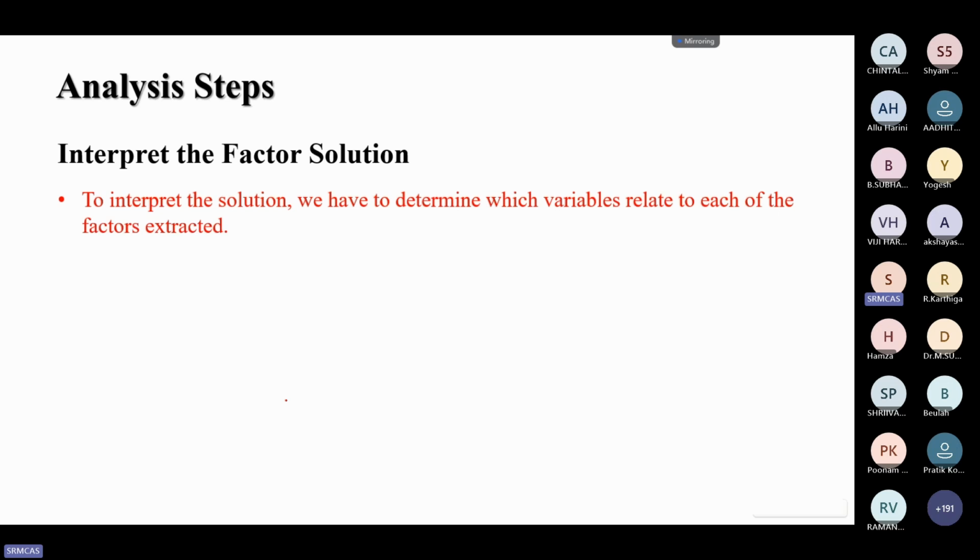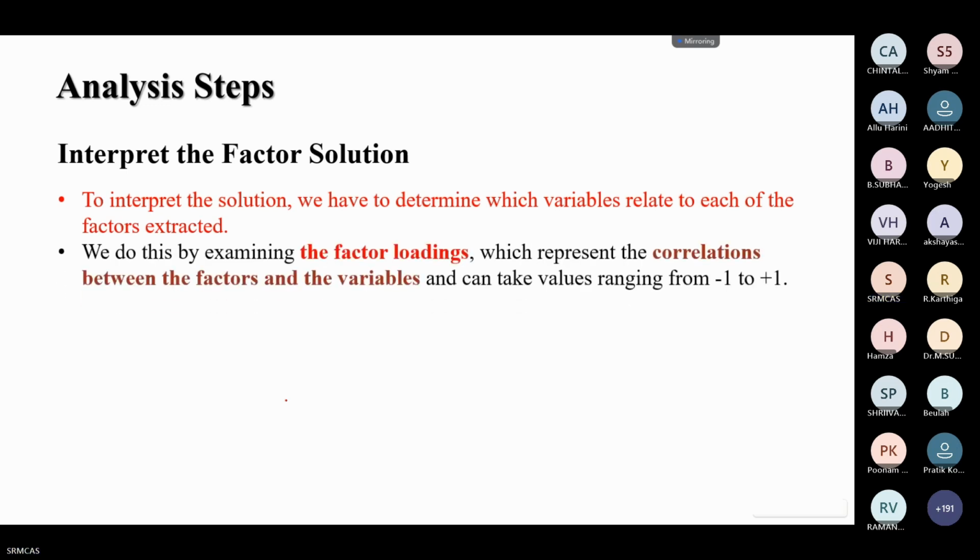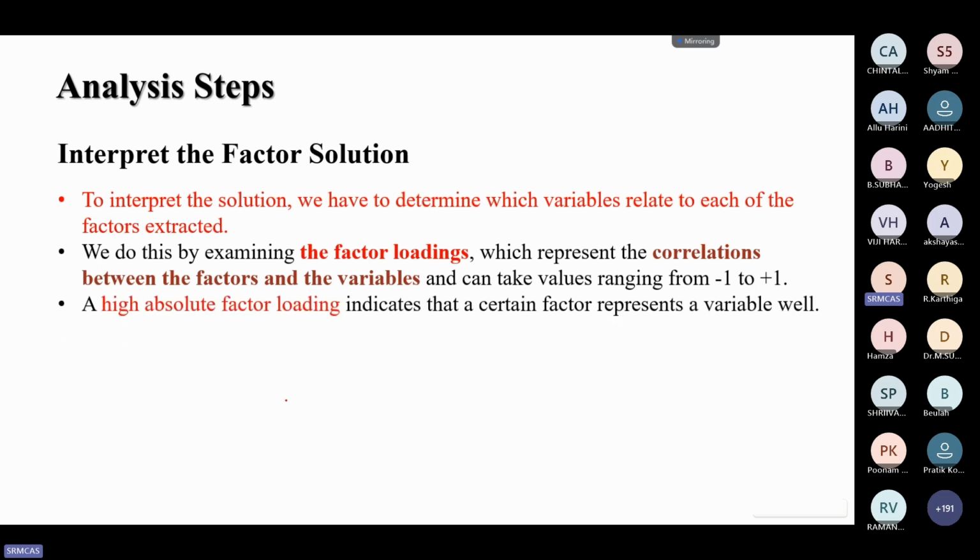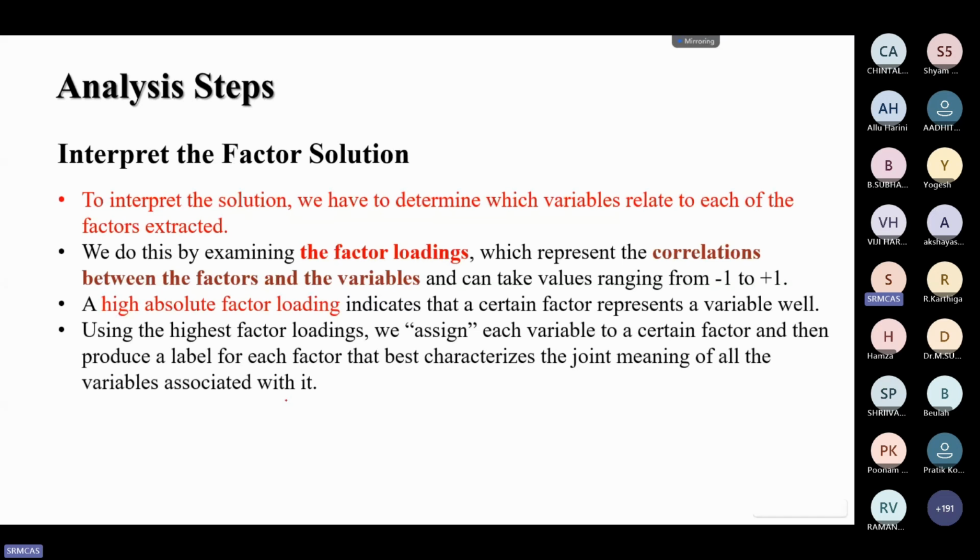Based on this, we can interpret the factors. It is based on the factor loading, which is nothing but the correlation between the factor and the variables, ranging from -1 to +1. A high absolute factor loading indicates that a certain factor represents a variable well. Using the highest factor loading, we assign each variable to a certain factor, and then produce a label for each factor that best characterizes the joint meaning of all the variables associated with it.